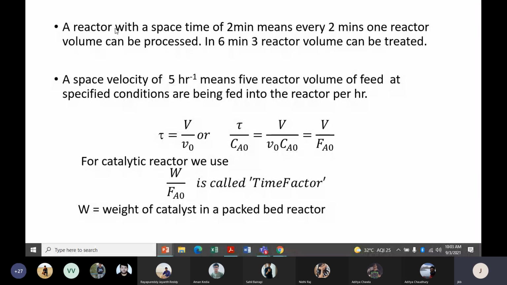And in variable volume reaction system as well as constant volume reaction, this parameter space-time, reactor volume to volumetric flow rate ratio in case of liquid phase reaction, or in case of catalytic reaction, solid catalyzed reaction, W by Fa naught, which is called time factor, is important, where W is the weight of the catalyst and Fa0, you know, that is feed rate, molar feed rate of the limiting reactant at the inlet.